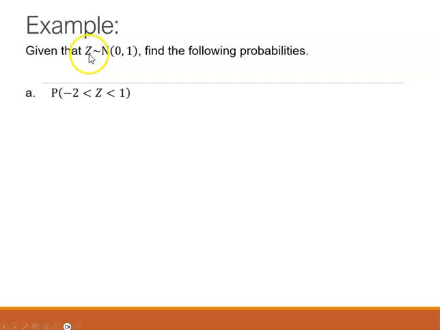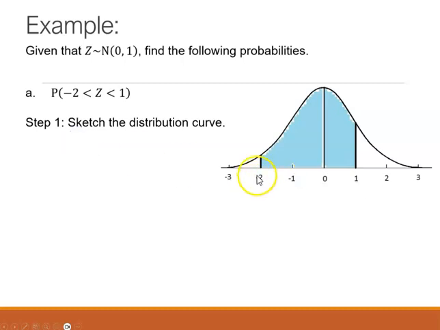So here we're told that z is related to the normal distribution 0, 1. What kind of normal distribution is z if the mean is 0 and the standard deviation is 1? It's a standard normal distribution. So we'll start by sketching a picture of our curve.